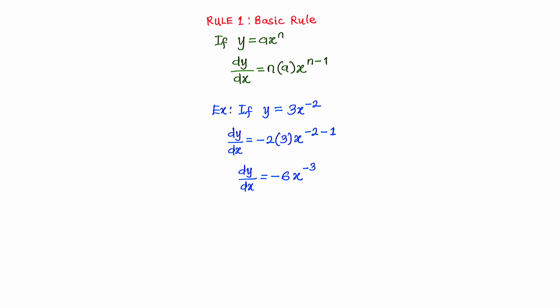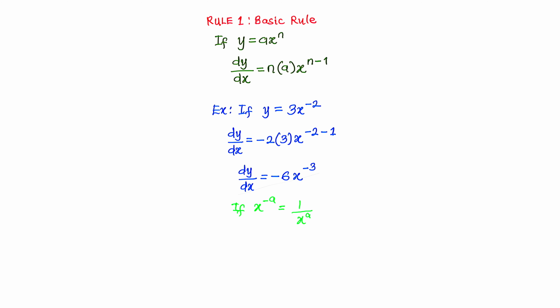You may leave your answer like this, or you may take it one step further. Since the index of x is negative, we know that if x is raised to power -a, it is the same thing as writing 1 over x raised to power a.